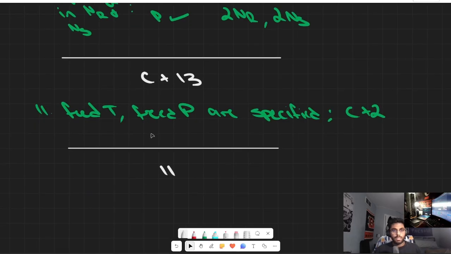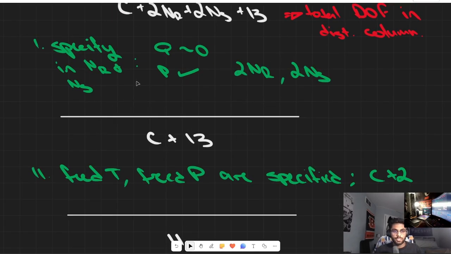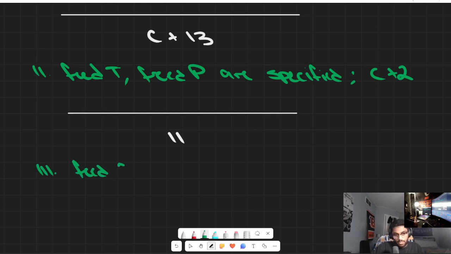Now, like we did for each of the stages in our rectifying and stripping sections, we can also specify the feed stage heat flow and the feed stage pressure drop, which we say is also negligible.